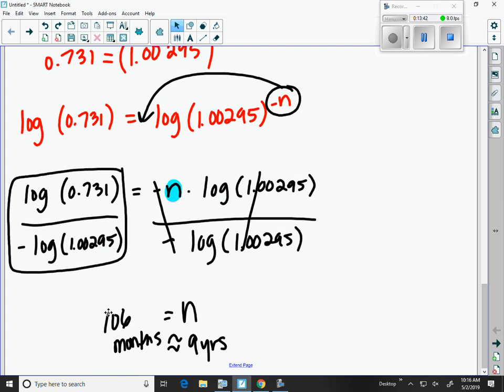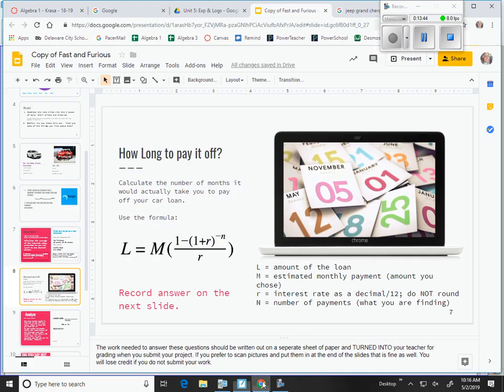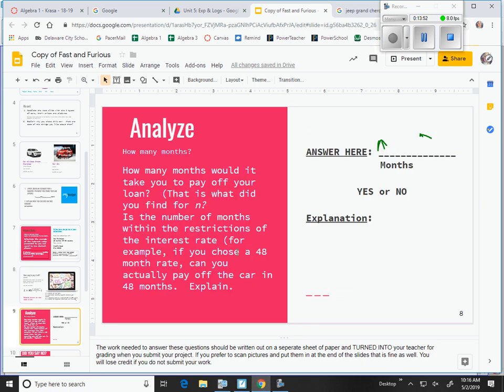Let's go back and let's see how this compares to what we actually wanted to happen. So if I go to slide 9, okay, it says how long did it take you? So you would put that answer there. For me, it took me, oops, not 9 months, 106 months. Okay, now it says yes or no. Well, hold on, let's read. How many months would it take you to do?